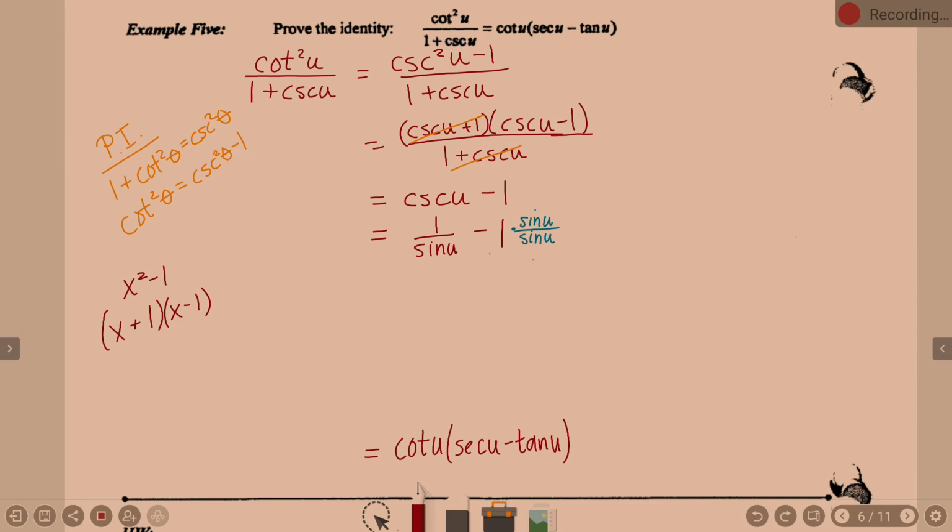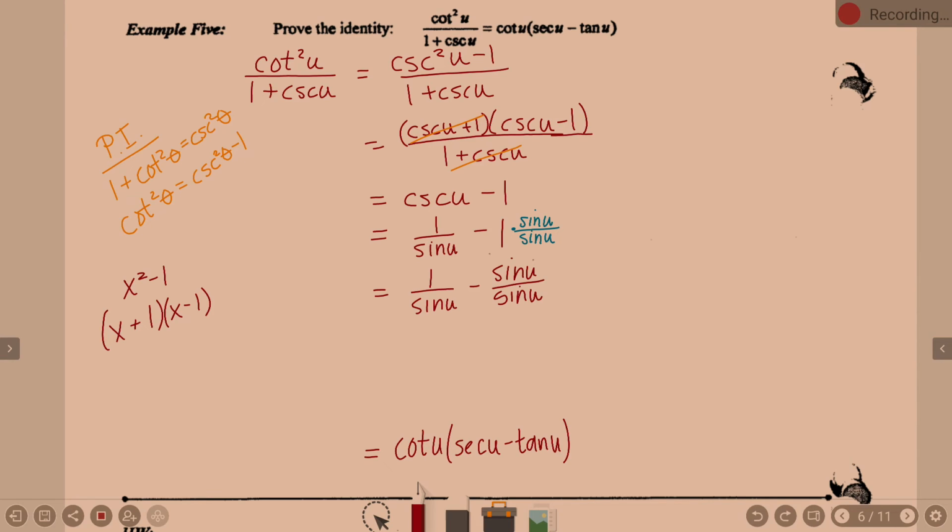And so when I do that, how many steps do I want to write out here? You're thinking 1 over sine u minus sine u over sine u, yes?